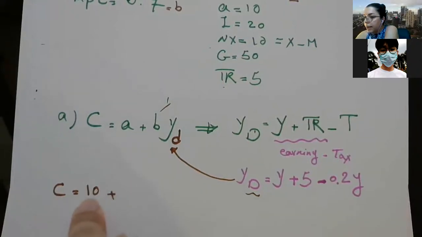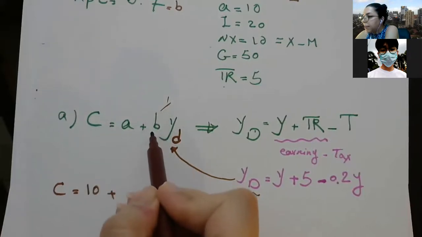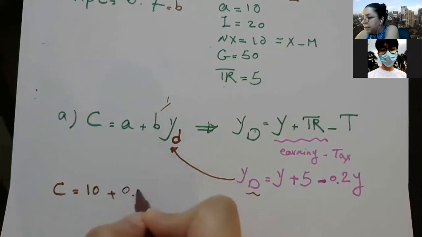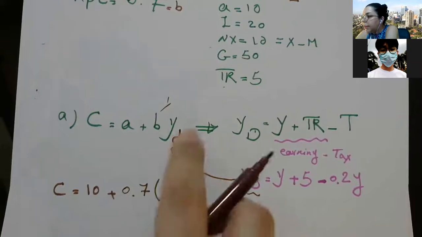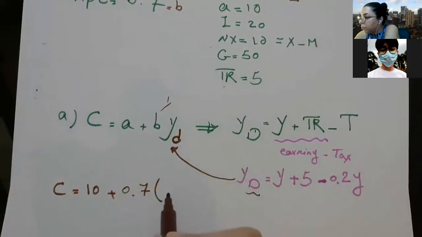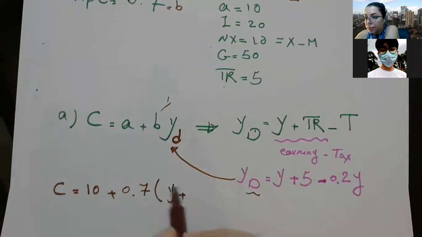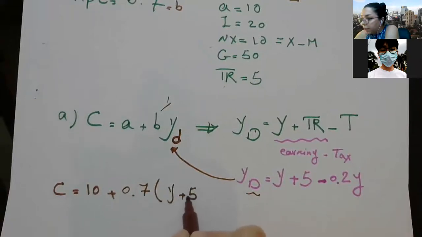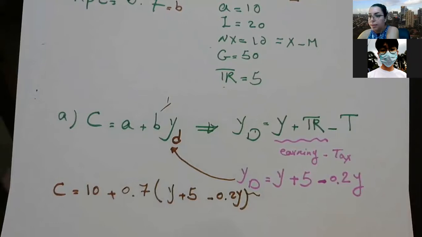Consumption function: autonomous consumption plus B, which is MPC, is given 0.7. And then YD. YD we have calculated here. You directly replace Y plus 5 minus 0.2Y. That's all.